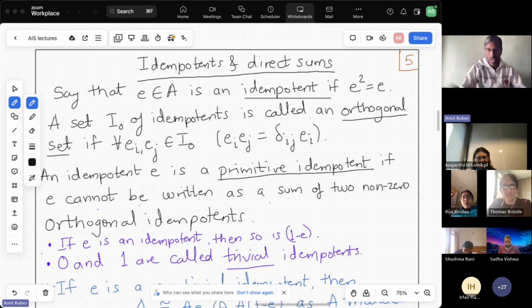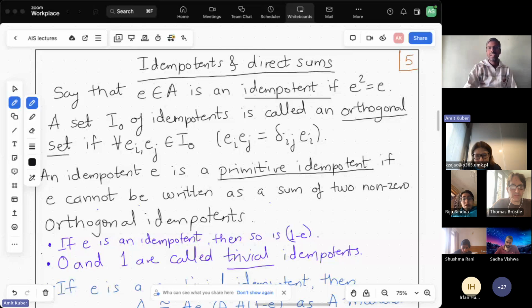A simple orthogonality condition, so the Kronecker delta comes into the picture here. And we say an idempotent is a primitive idempotent if it cannot be written as a sum of two non-zero orthogonal idempotents. So e is equal to e1 plus e2, where e1 e2 is equal to 0 and e2 e1 is equal to 0. That should not happen.